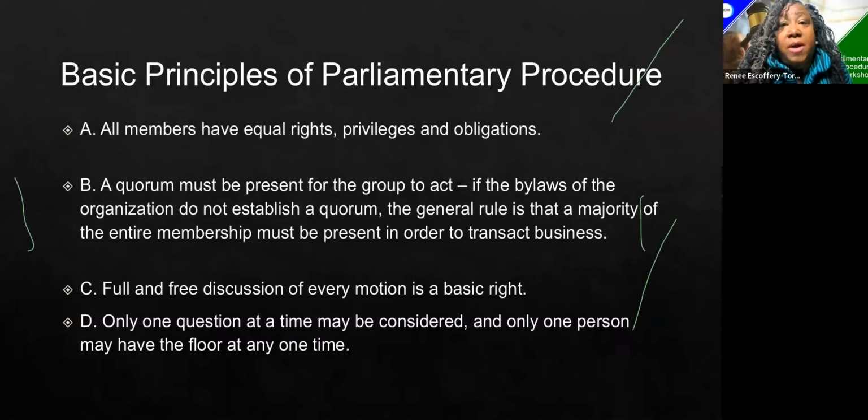And if you don't have a quorum, you can hold hands, you can sing kumbaya, you can do everything that you might want to do, but you cannot make motions, you cannot conduct business. And if a meeting drags out and you are losing members, you need to be checking periodically to make sure that your quorum is still present so that you can continue conducting business.